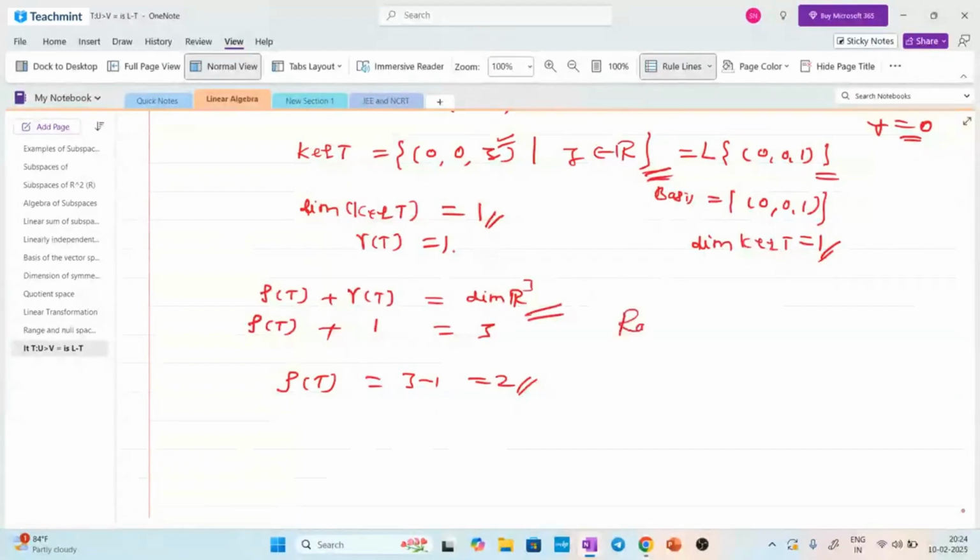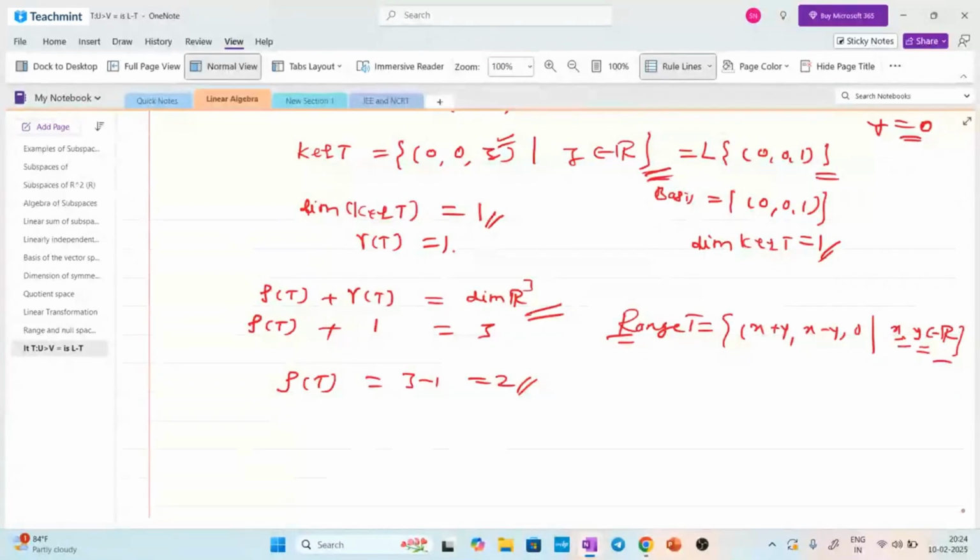Then what is the range of T? If you take the range of T, just find out here: it is (x plus y, x minus y, 0) such that x and y belong to R. This is the range of T. Here we can directly say how many free variables there are: two free variables.